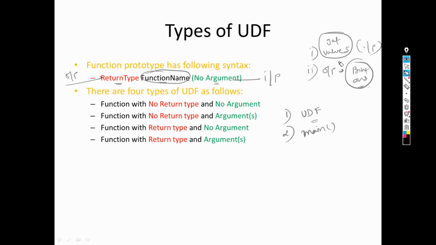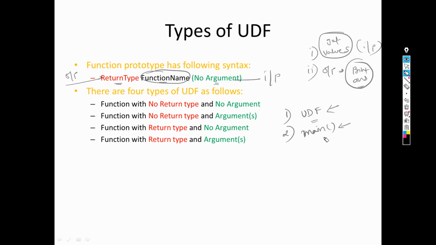Getting the value and printing the answer can be done within the UDF, or it can be done within the main function. I am repeating that: getting the value from the user can be done within the UDF also, and printing the answer can be done within the UDF or within the main function. So both things can be done either in the UDF or in the main function.